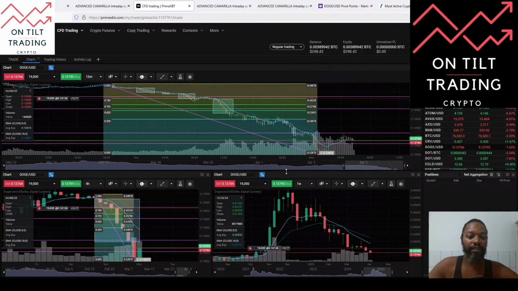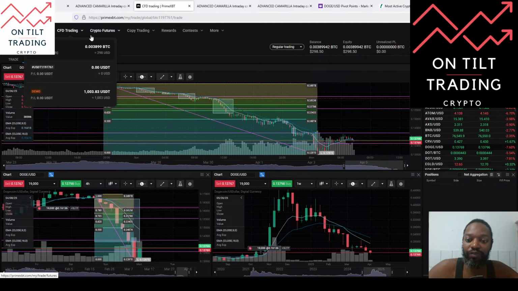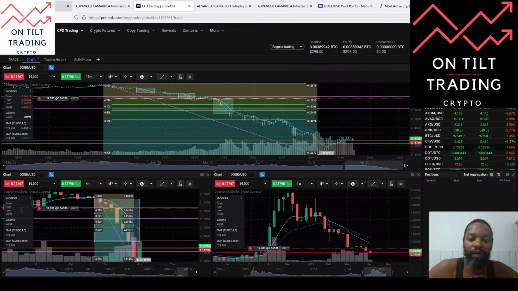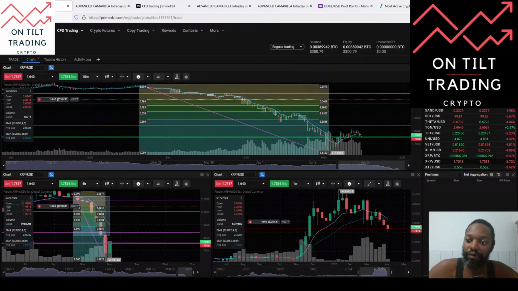Dogecoin is setting up very similar here, with the exception that Dogecoin is looking a little better from the moving average perspective, even though I can say the volume profile on Ripple on the weekly is much more pronounced.